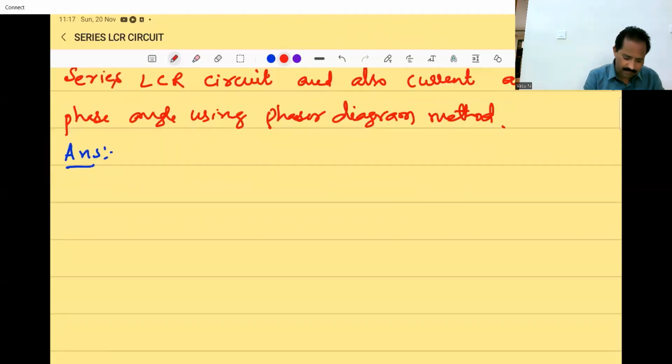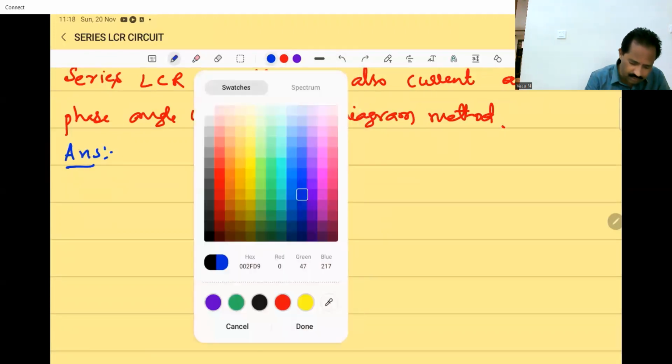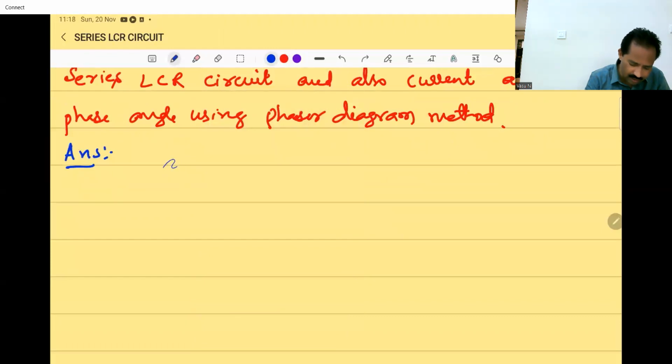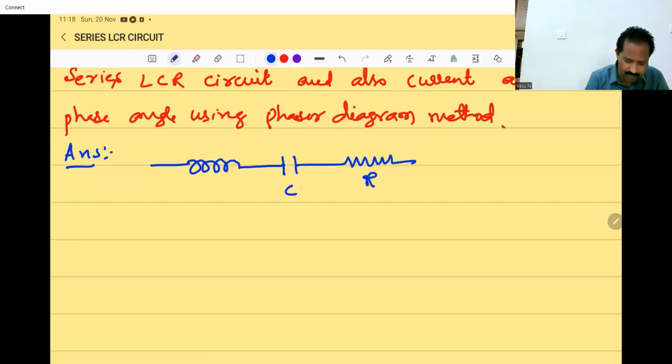So for that purpose, let us consider an inductor of inductance L, a capacitor of capacitance C, and a resistor of resistance R. They are all connected in series as shown in figure.